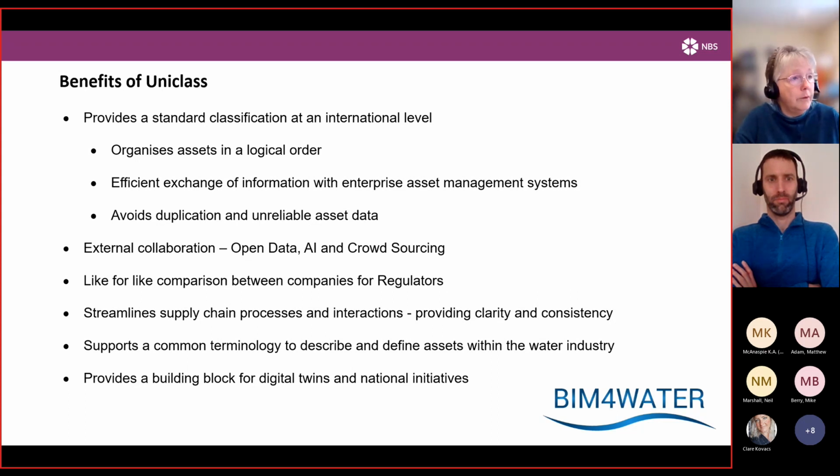Obviously, all water utilities have to work with the Environment Agency, but also with rivers authorities, town planning, all sorts of different organisations that you have to be able to work with. And if you've got a common way of describing things, then obviously it's going to make it easier for those organisations to be completely confident about what information you're sharing.